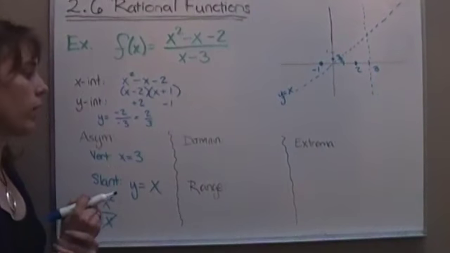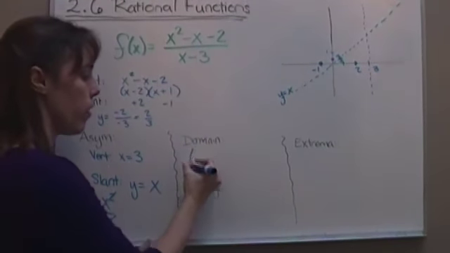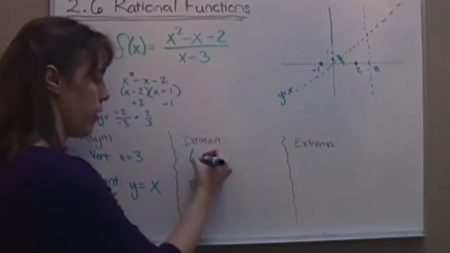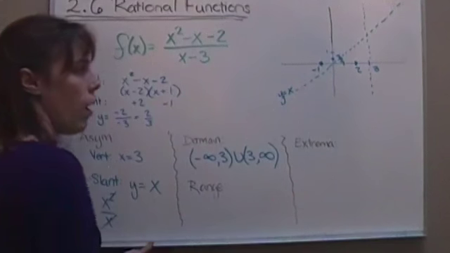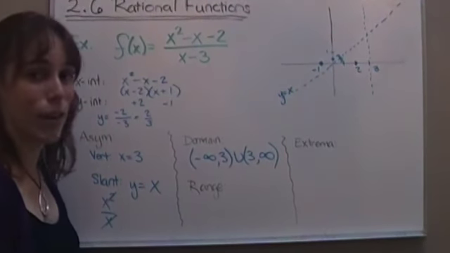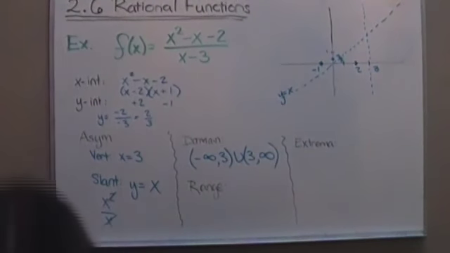Now what does this graph look like? Well, we can at least do domain. It's going to be all real numbers except positive 3. And for range and extrema, I'm going to ask you to just plug it into the graphing calculator and look at it, because this is complicated.